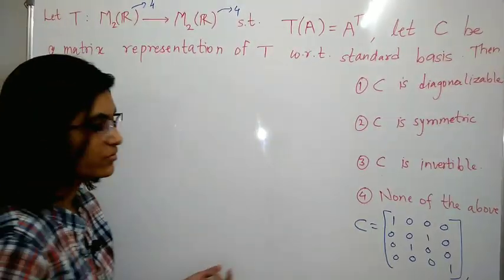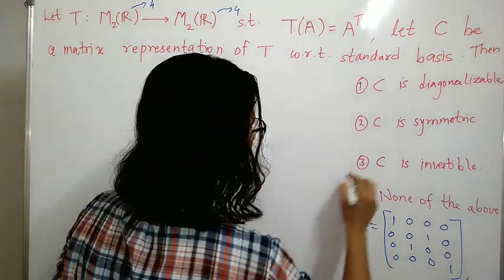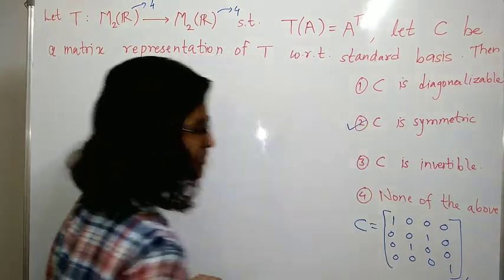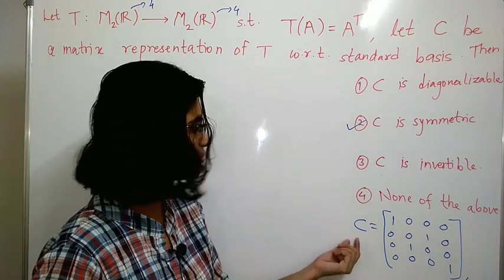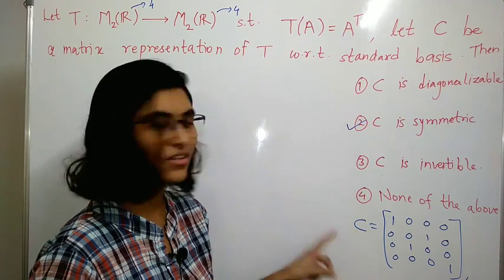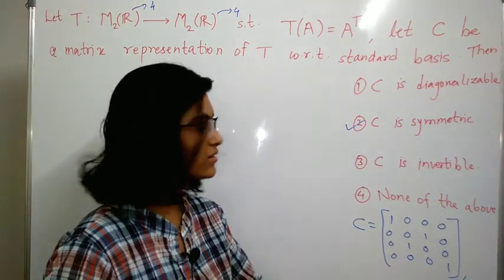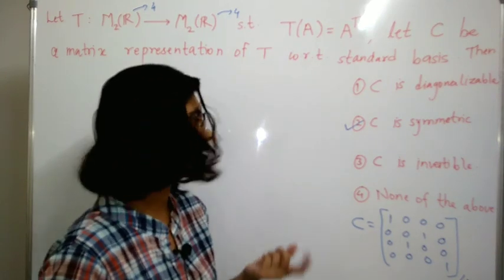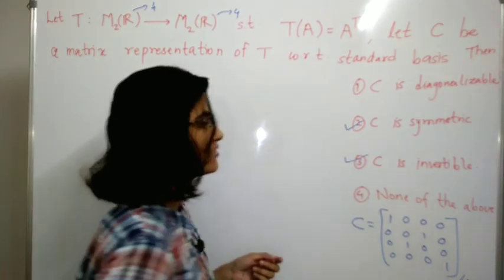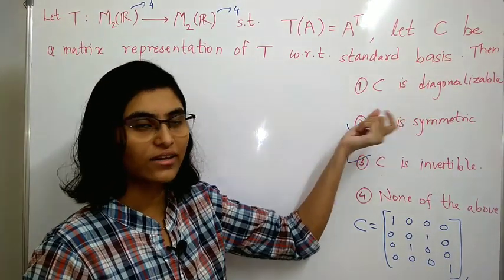Now clearly this matrix C is symmetric. The next question is whether C is invertible. We can easily check that C is invertible because this matrix is just a permutation matrix, so the determinant is non-zero, which means C is invertible. Now the next is whether C is diagonalizable.